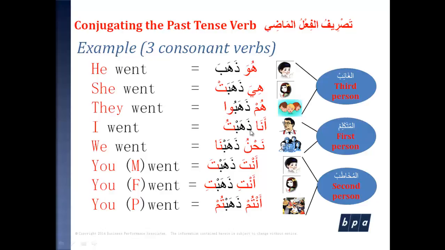When we go to the first person, ana, which is I, dhahabtu. We added the ta at the end with a dhamma. We changed the tashkil, the accent on the ba, from fatha to sukoon.